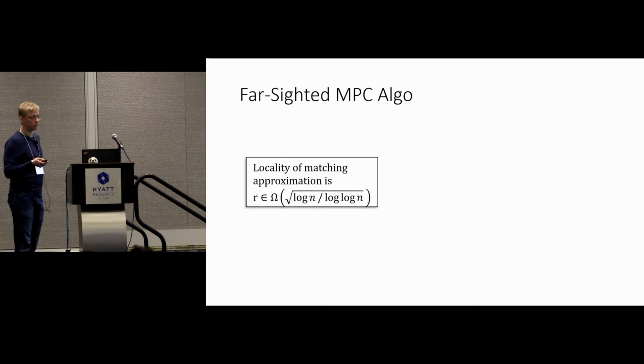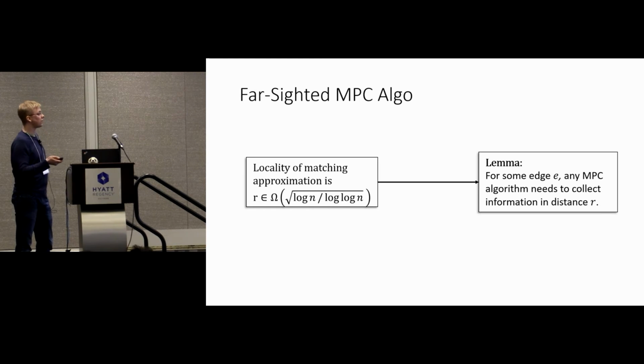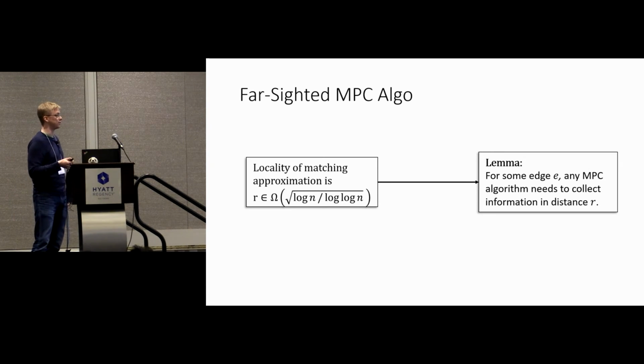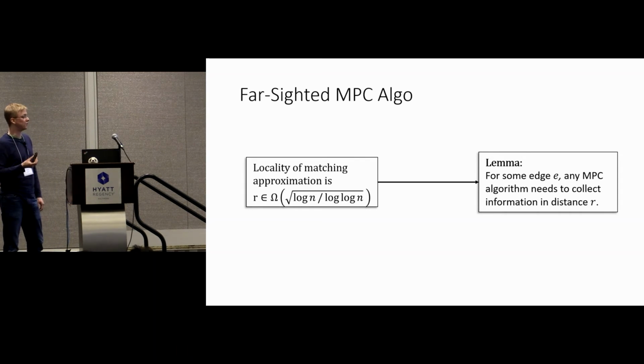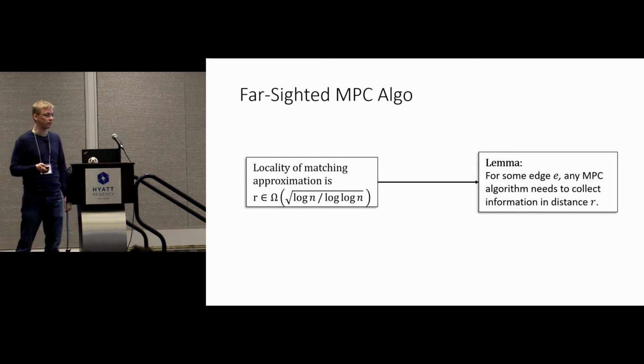So the first thing we showed was that if the locality of some problem is R, then also an MPC algorithm has to figure out some information in the graph in distance R. And I mean, this may sound kind of silly to even state after all the stuff I talked about before, but in this MPC model with all this all-to-all communication business, this becomes a bit more formal than one would maybe hope.